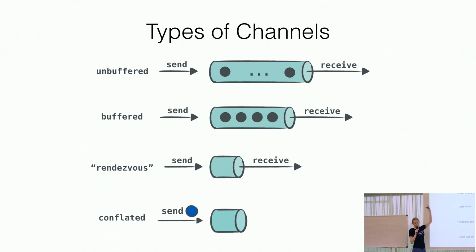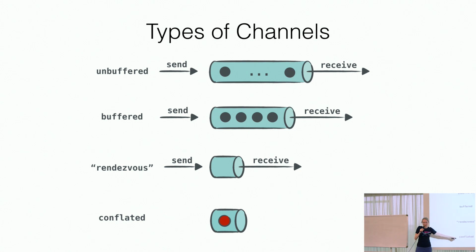There are different types of channels. Unlimited, the one that can store lots of elements. The one that is buffered, that is limited, that can store only a fixed number of elements. The one with buffer of size 0 is called rendezvous channel, and I'm going to highlight this one right now, how it works.